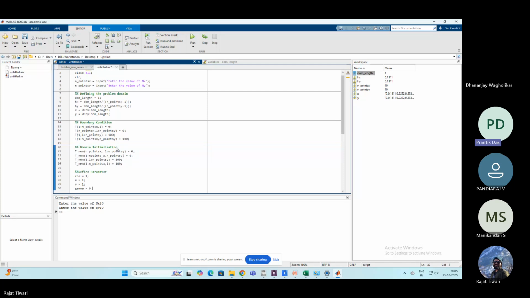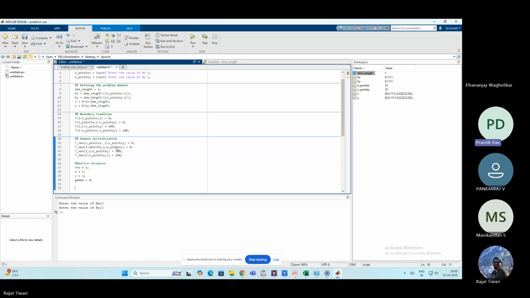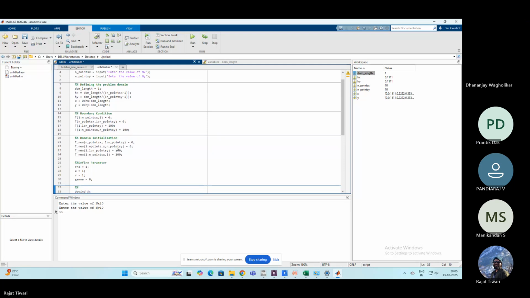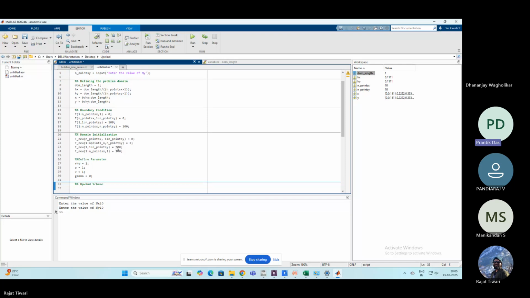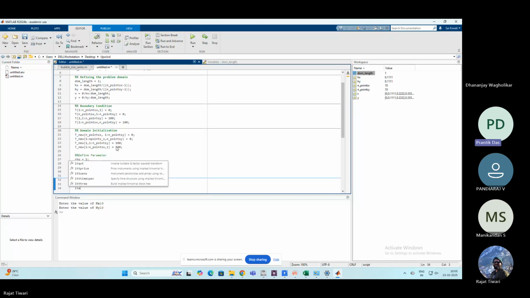This is by using the upwind scheme and discretizing. Error equals 1. I'm defining this variable because when I'm iterating, I have to look at the error. Iterations equals 0.